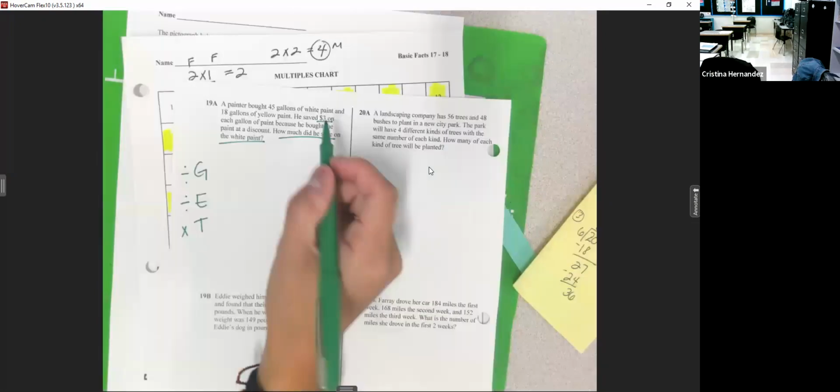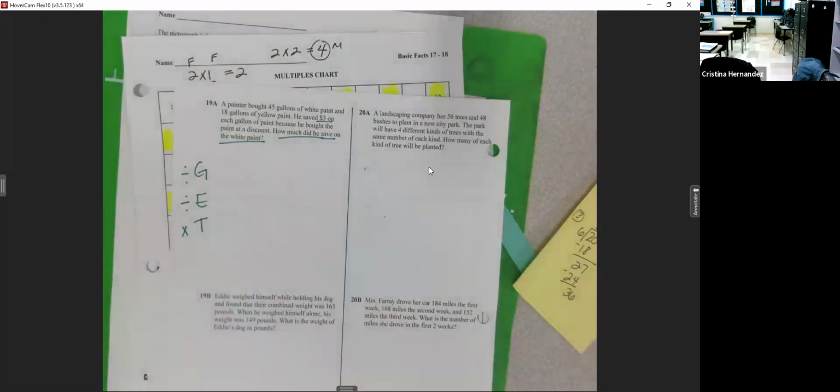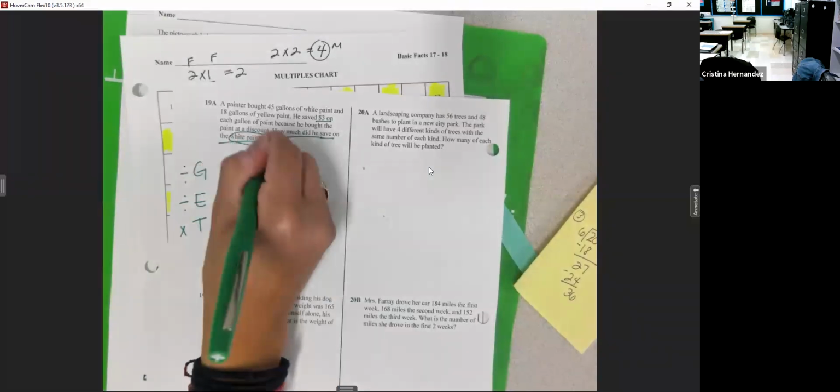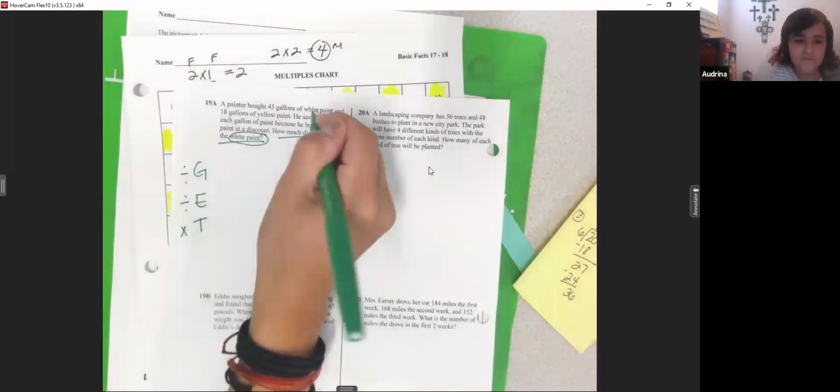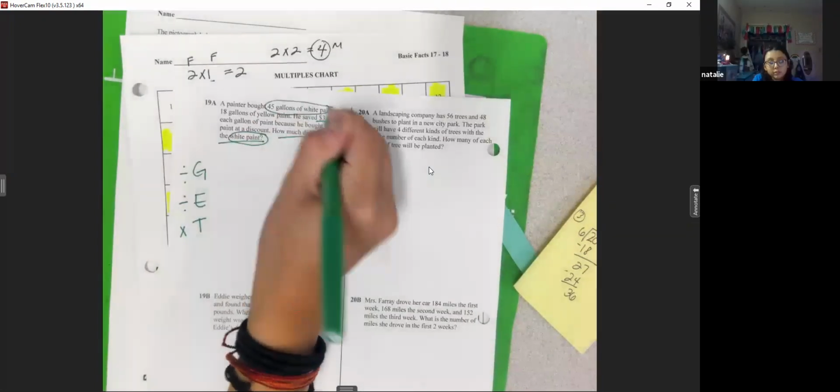So we need to go through and see what numbers we need. What numbers are we going to use? We want to know how much he saved on white paint first. So what are the numbers we're going to use to set up our equation? 45. He saved $3.